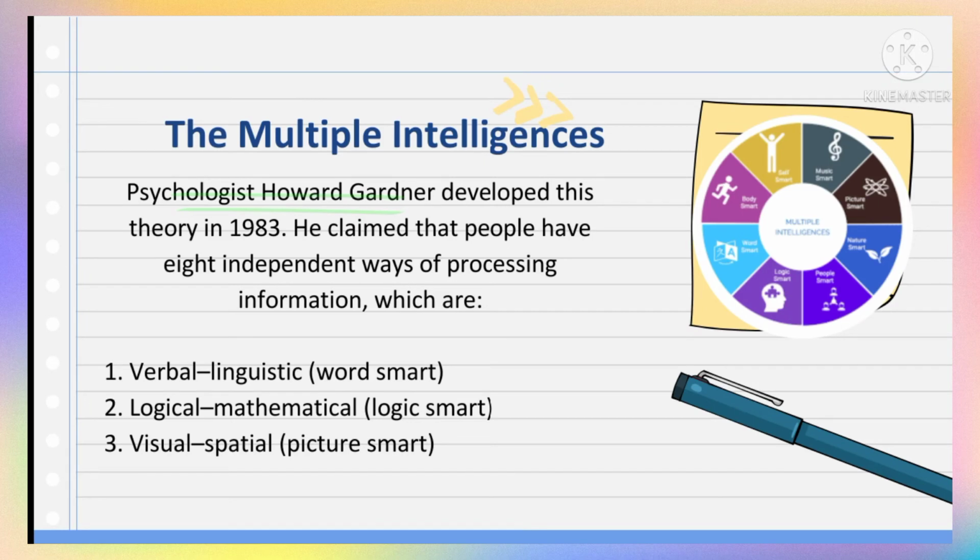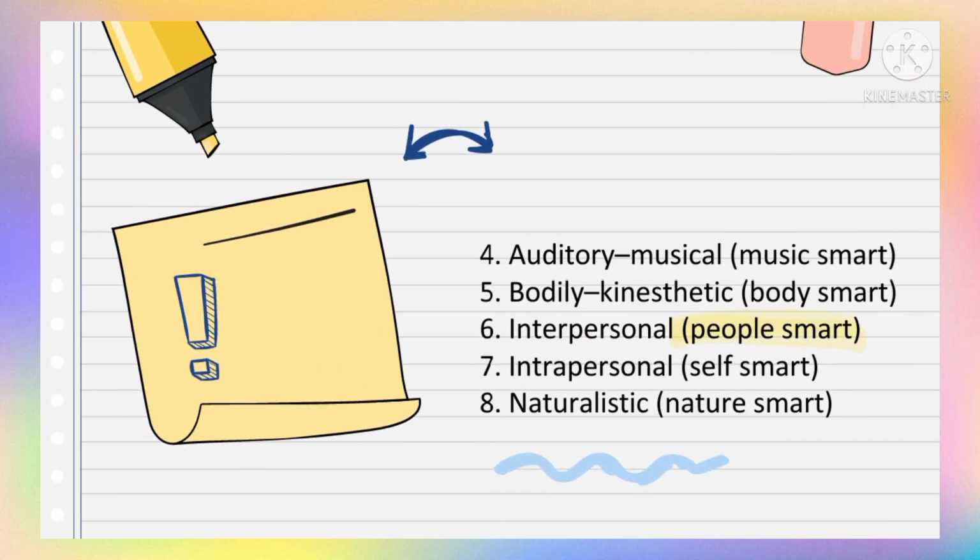Psychologist Howard Gardner developed this theory in 1983. He claimed that people have eight independent ways of processing information, which are: first, verbal linguistic, word smart; second, logical mathematical, logic smart; third, visual spatial or picture smart; fourth, auditory musical, music smart; fifth, bodily kinesthetic or body smart; sixth, interpersonal, people smart; seventh, intrapersonal, self-smart; eighth, naturalistic, nature-smart.